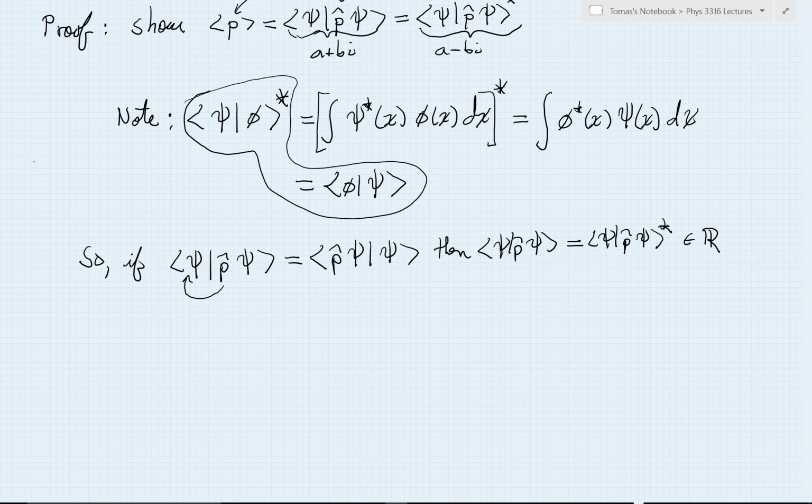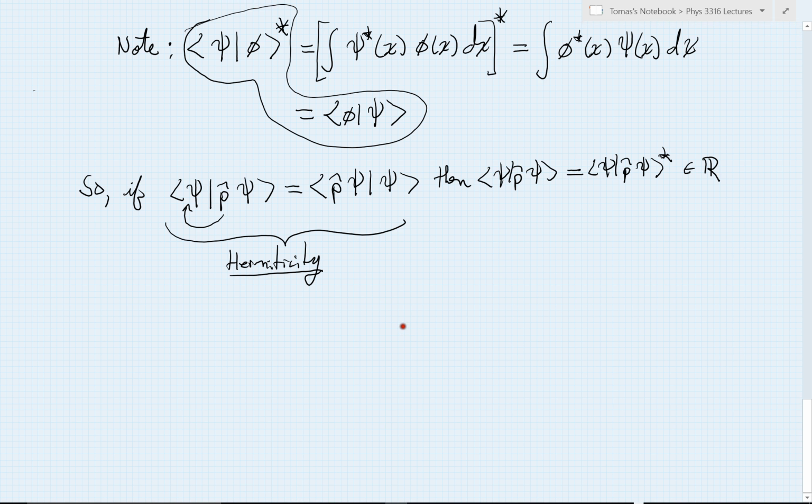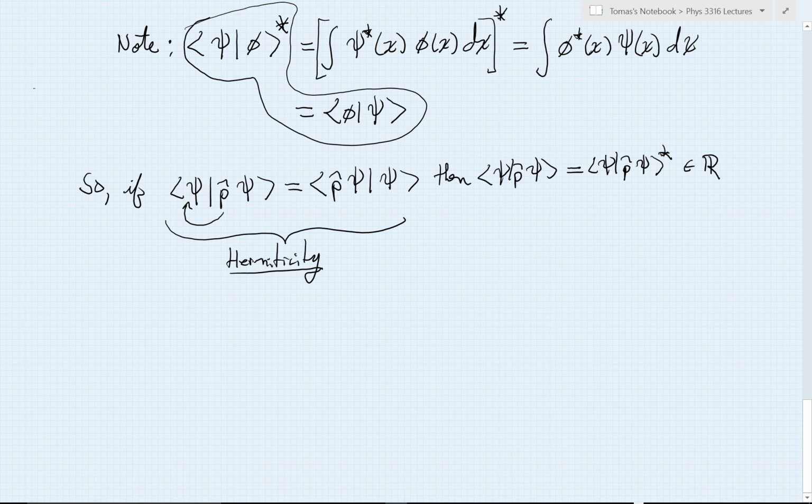Now that property is actually something known as hermiticity. This follows from what's called hermiticity. Now I'll give you a more direct proof of this. But if we can prove this hermiticity condition, we're done. We've got always real observables.